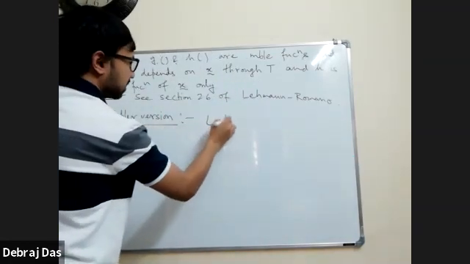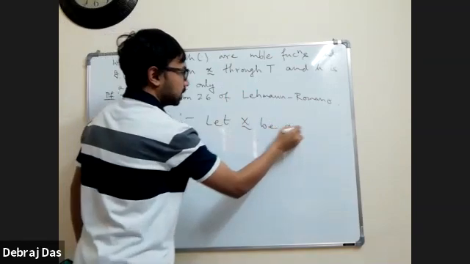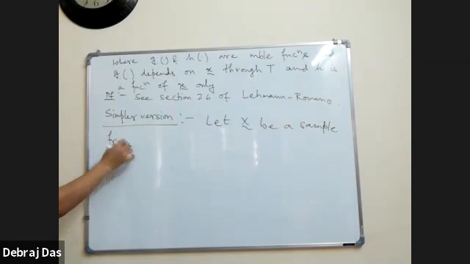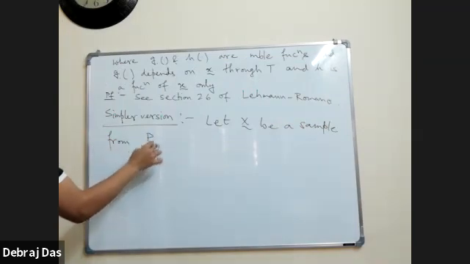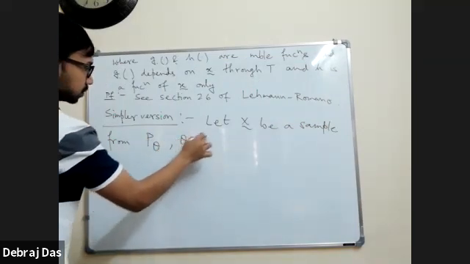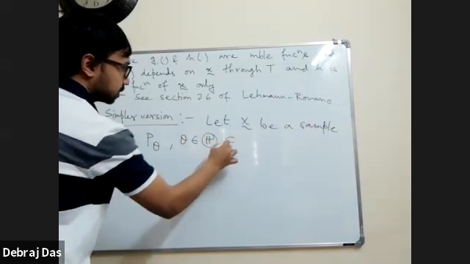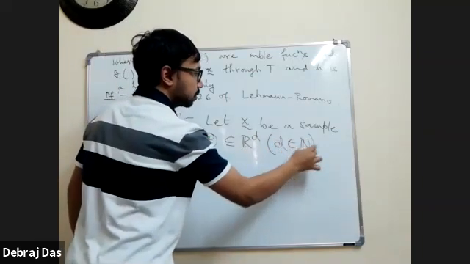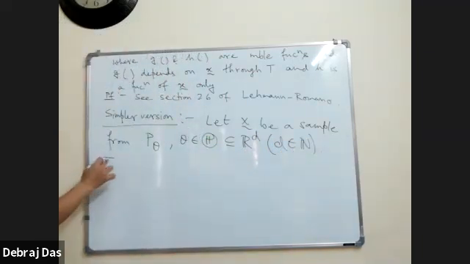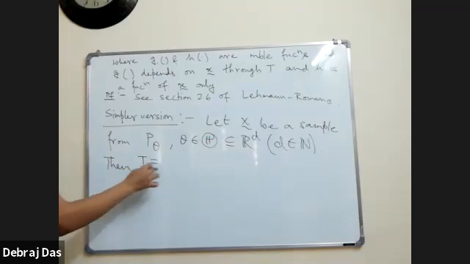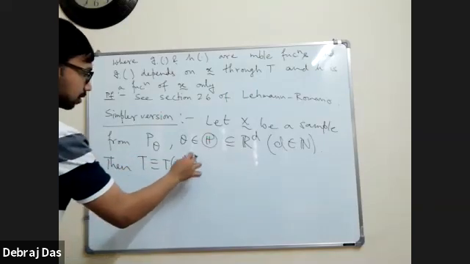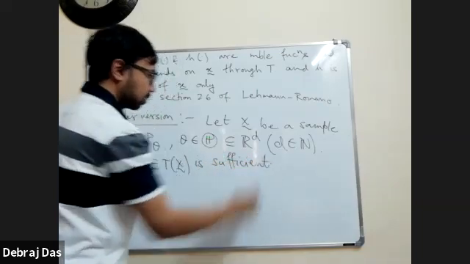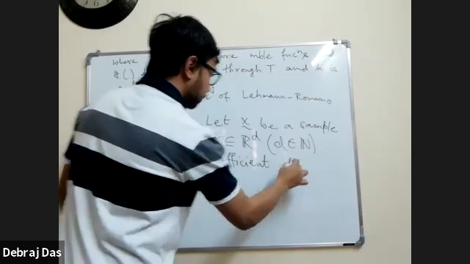So let X curl be a sample from P theta, theta belongs to script theta, which is a subset of some d-dimensional Euclidean space, d belonging to the set of natural numbers. Then T is sufficient if, okay.